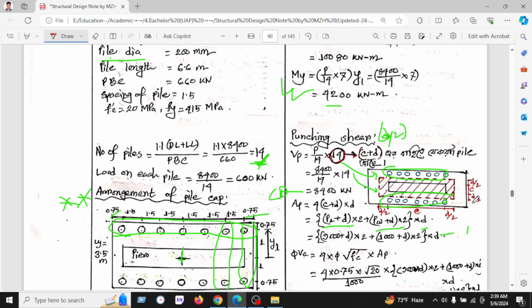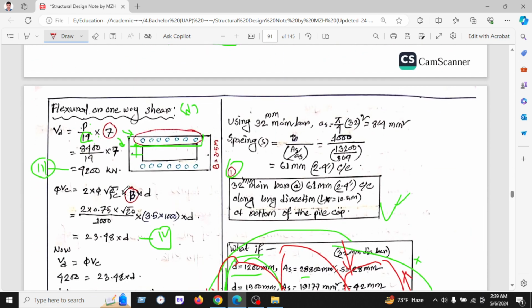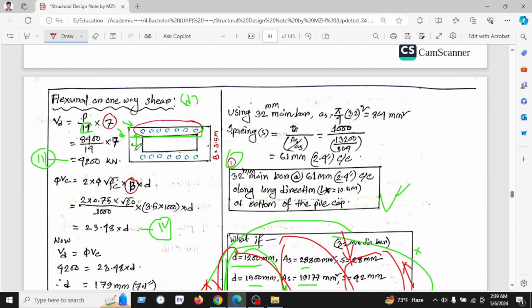As we know, (c plus d by 2) into (c plus d by 2), all the piles are situated outside of this c plus d distance. On the other hand, for flexural shear, we will calculate the piles which are situated at distance d from the CG of the pile here. That's why we have used 7.